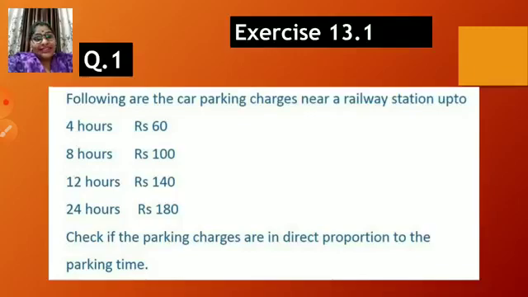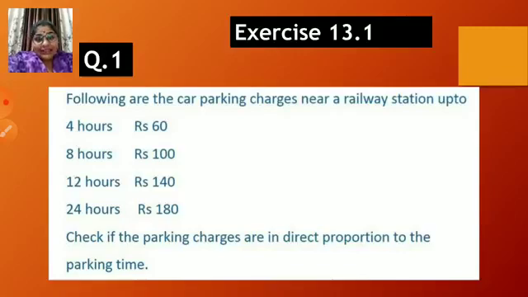So let us begin. This is exercise 13.1, question number 1. Following are the car parking charges near a railway station. Up to 4 hours, 8 hours, and different charges are given to you, children. Check if the parking charges are in direct proportion to the parking time.